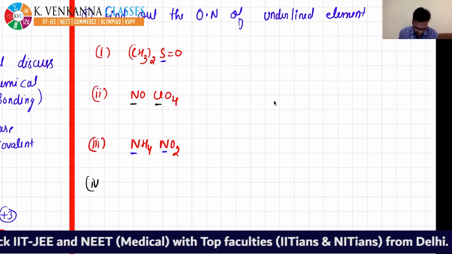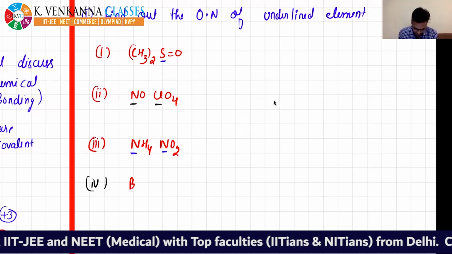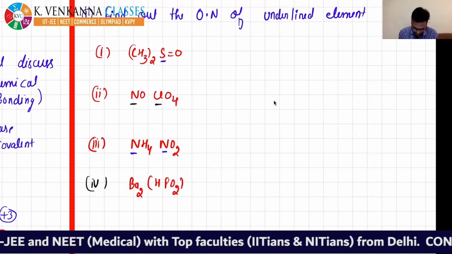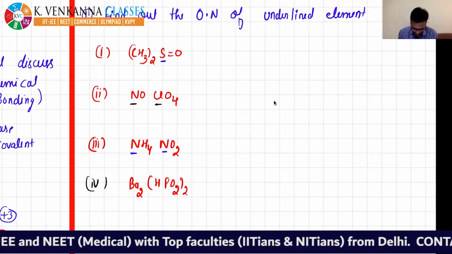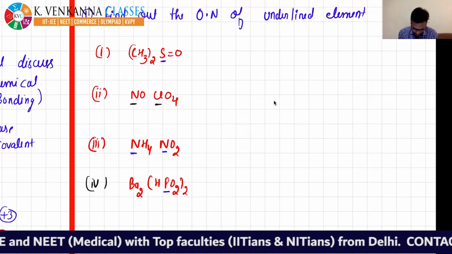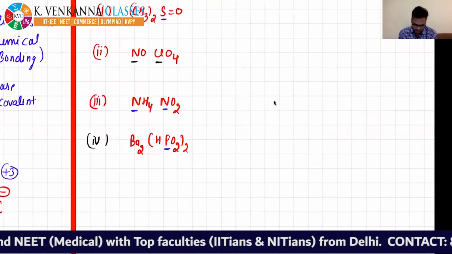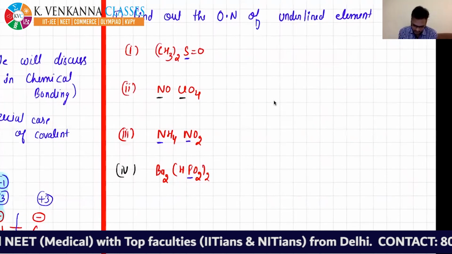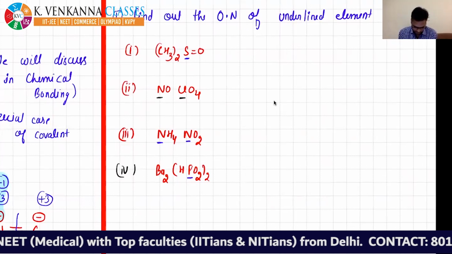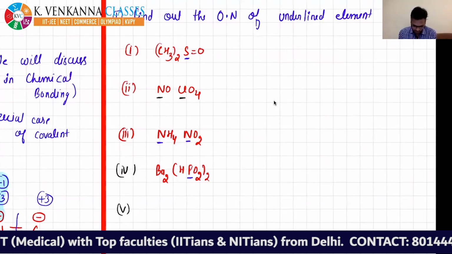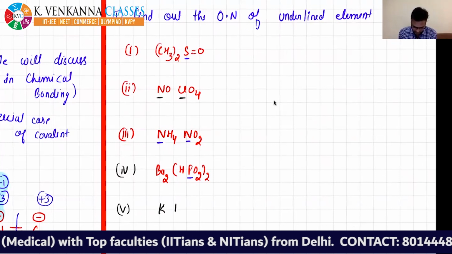Then the fourth one is Ba2 HPO2 whole twice. In this case also you have to find out the oxidation number of phosphorus. And fifth, this one.